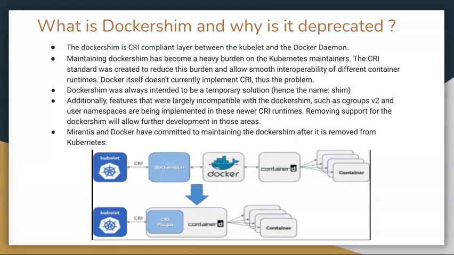Once you implement the CRI separately, you will be able to use cgroups version 2 and the namespaces, which have additional advantages. You were not able to move ahead because you were restricted by Dockershim. Removing the support for Dockershim will allow further development in these areas. That is what Kubernetes has to say about this, and this is how it is standardizing everything and going to run it ahead in the Kubernetes cluster.